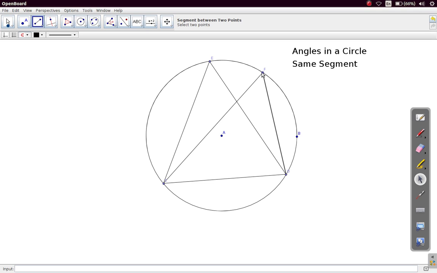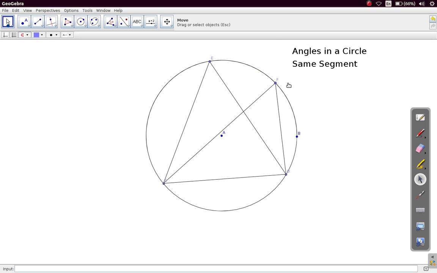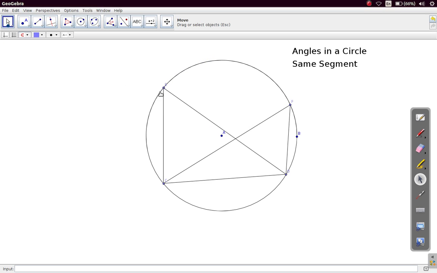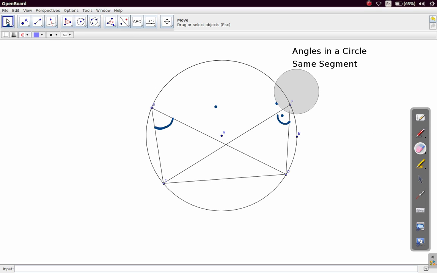So if I move this here like that, and move this here like that, and then draw my angles on them, what I would have is this and this, right? So those two angles would be equal.